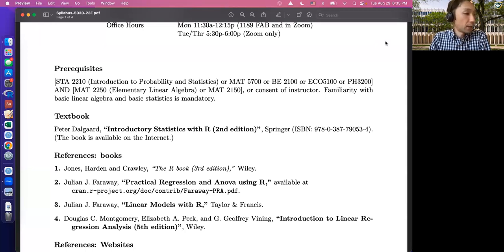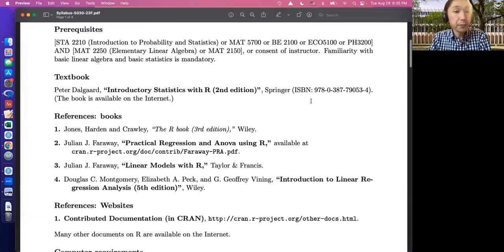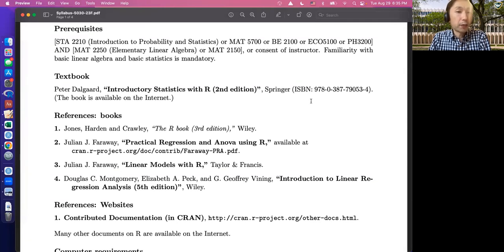Are there any students who have trouble registering for the class? If you are a graduate student and have some trouble registering, just let me know.